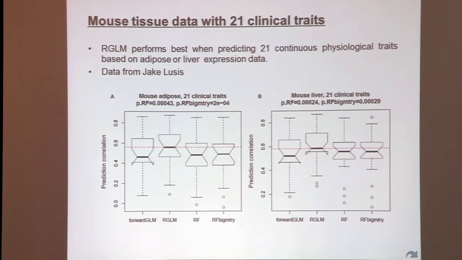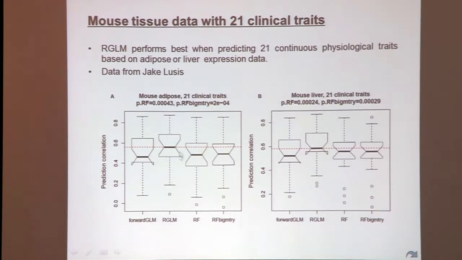These are mouse tissue data where, remember, I keep coming back to Jake Lusis's data with physiologic traits, HDL, body mass, insulin, and so on. You can ask, how well can I predict these clinical traits? And here we don't dichotomize them. We use continuous traits, and use a random GLM for a continuous outcome.